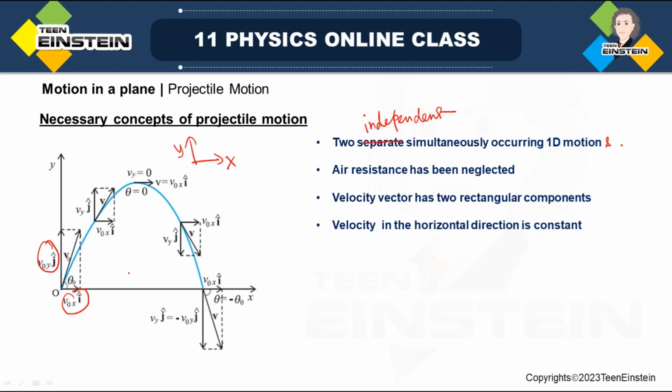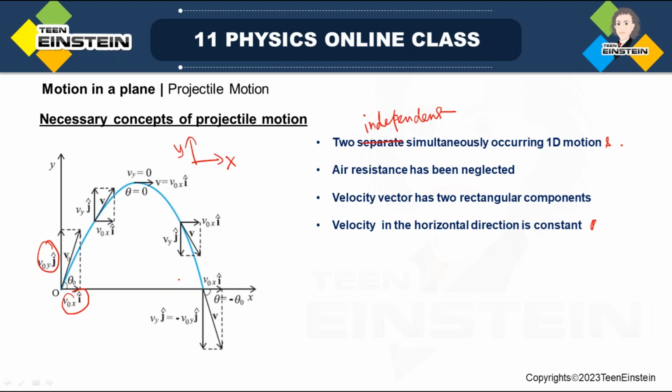So there will be no acceleration along the horizontal direction. So the velocity in the horizontal direction is constant. The horizontal motion is constant for this particular projectile, and not only this particular one, for any projectile the horizontal motion is constant.